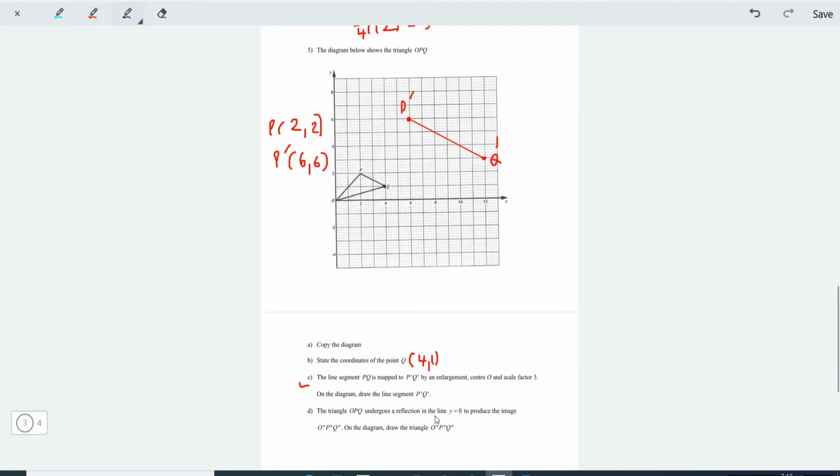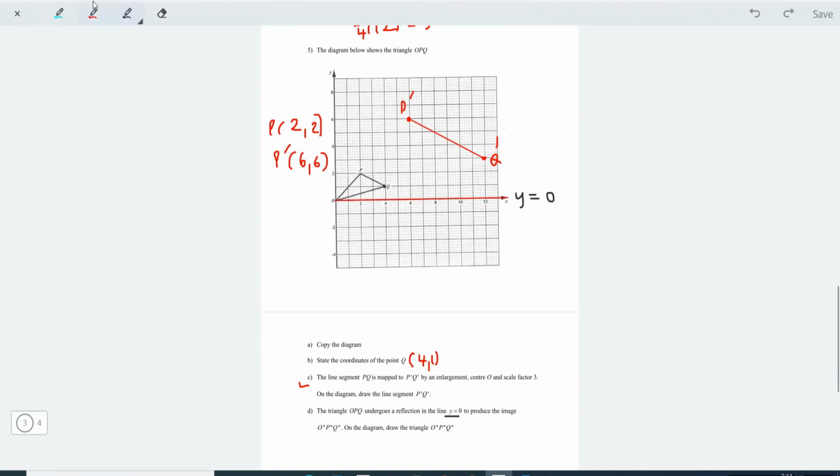Now, the enlargement part is done, we reach part D. First thing we have to realize is that this triangle is reflected in the line y equals 0. The line y equals 0 is the x-axis. This is the mirror line.